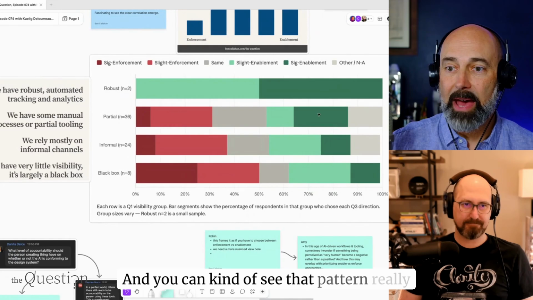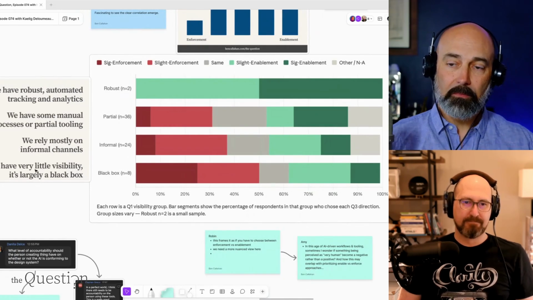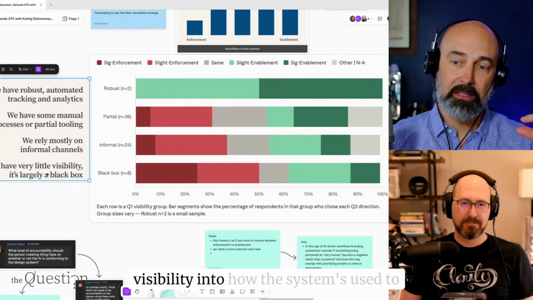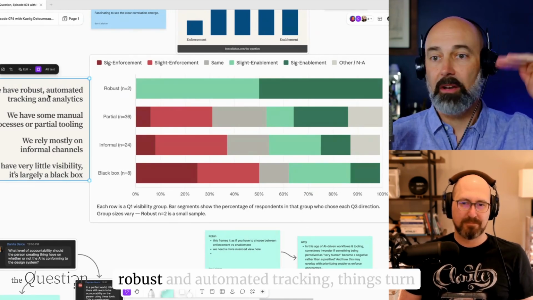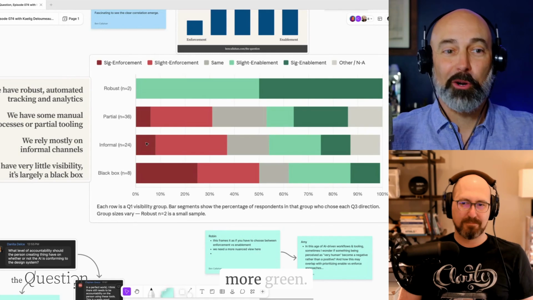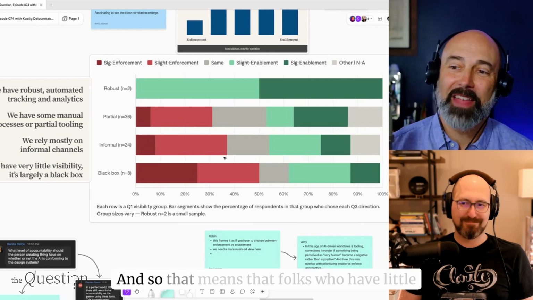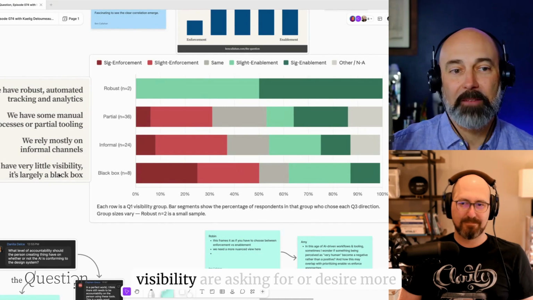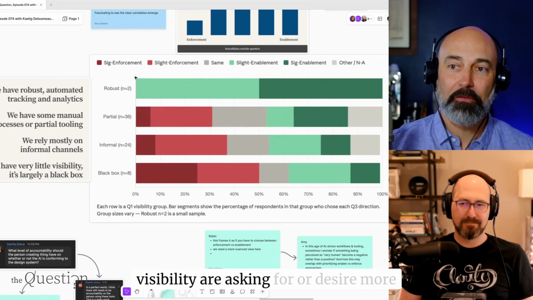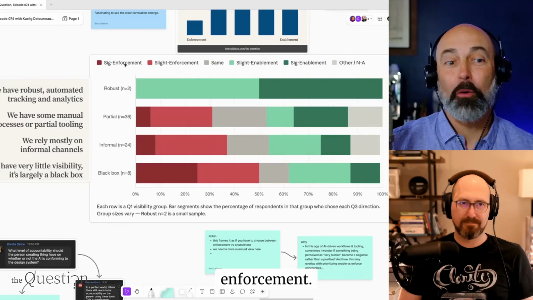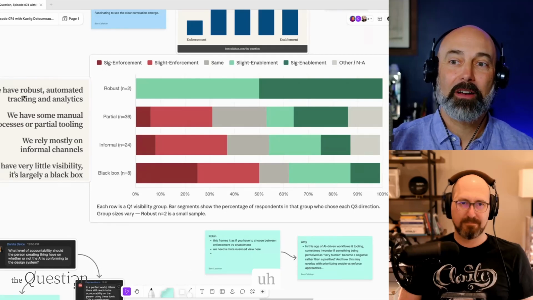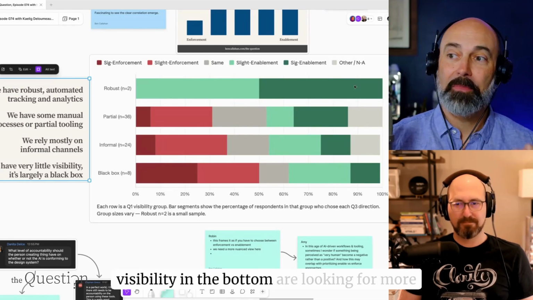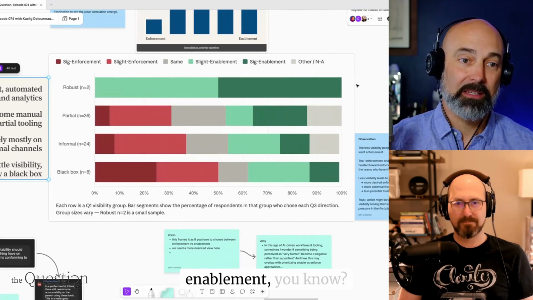And you can see that pattern really emerge, that as we move up these layers from little or no visibility into how the system's used to robust and automated tracking, things turn more green. And so that means that folks who have little visibility are asking for or desire more enforcement. And folks who have more visibility, as opposed to the less visibility in the bottom, are looking for more enablement.